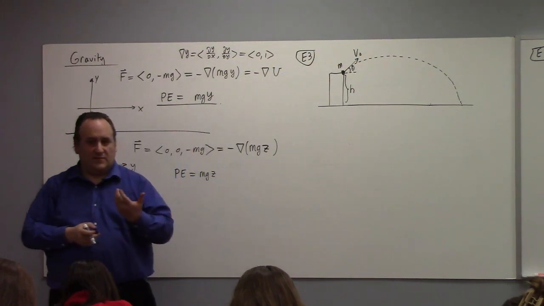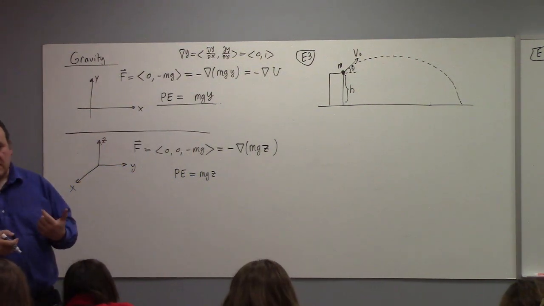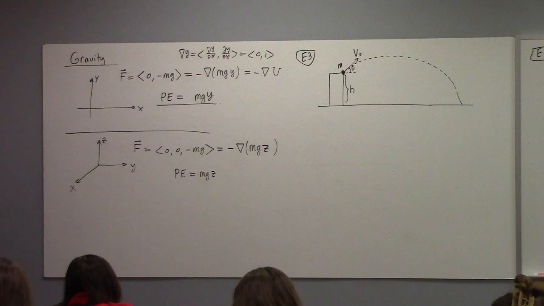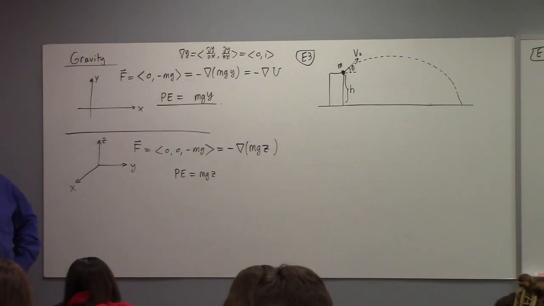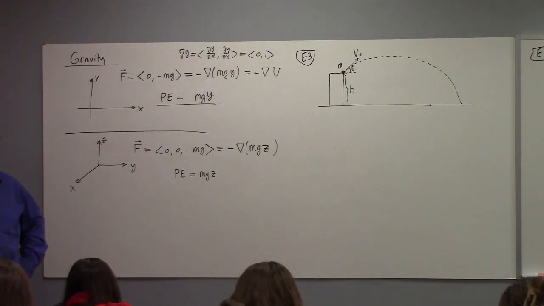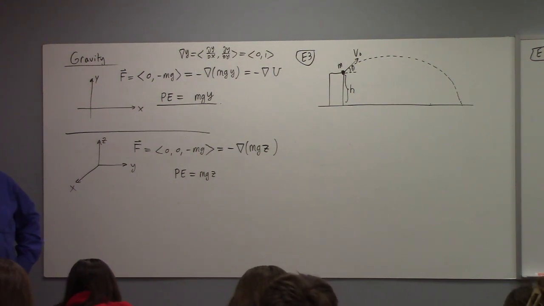So my question is this, what do you guys think? Is the speed at which the projectile hits the ground going to be larger for theta equal to 45 degrees, for theta equal to 90 degrees, for theta equal to 0 degrees? Like, what angle maximizes the speed at which the projectile hits the ground? What do you think? Straight up. Straight up, straight down?